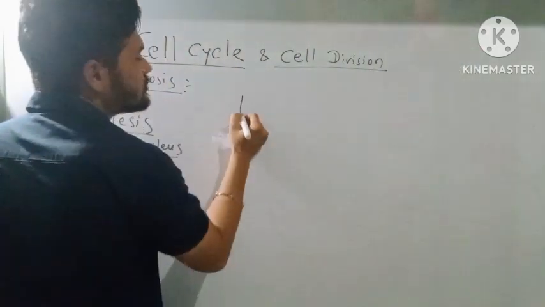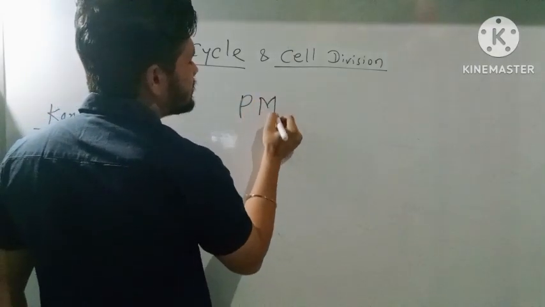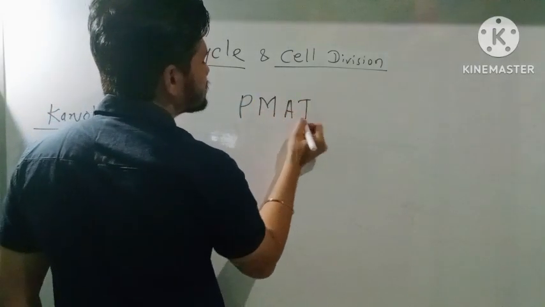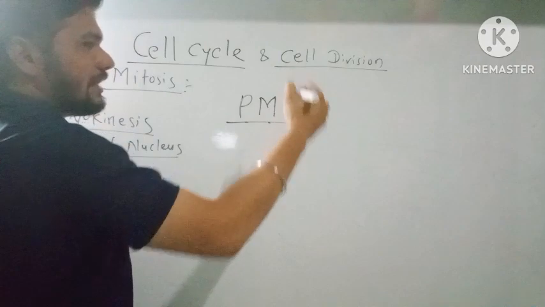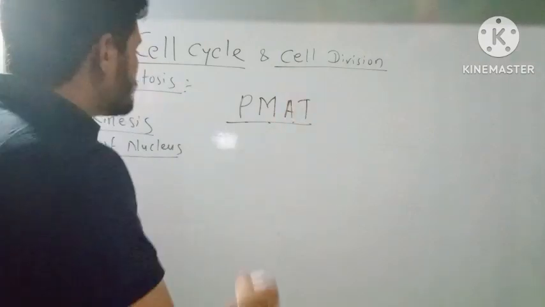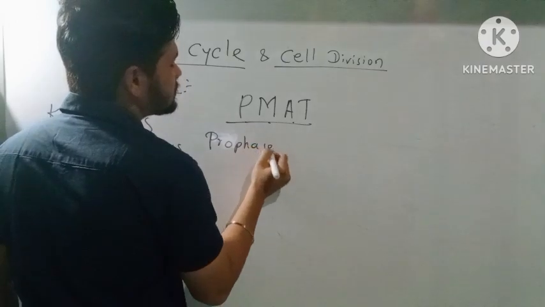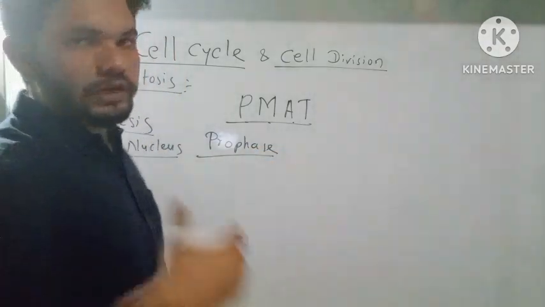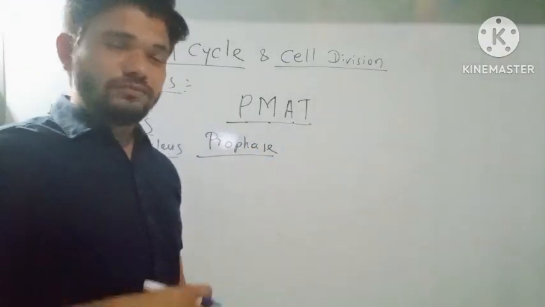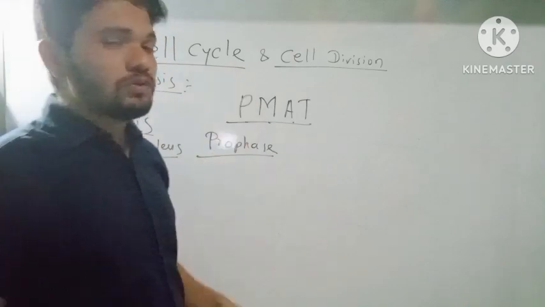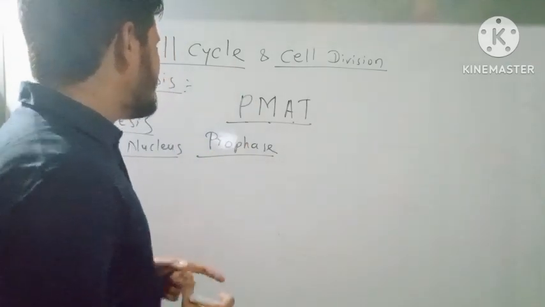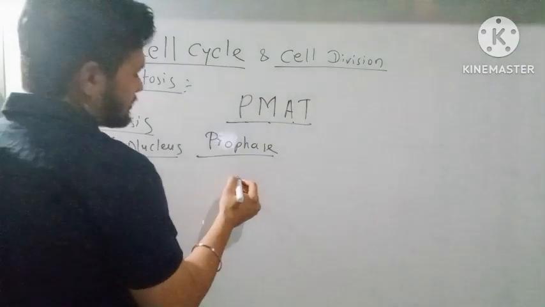You can remember the sequence of these phases with the help of the mnemonic PMAT: prophase, metaphase, anaphase, and telophase. We have to remember what happens in the prophase, the metaphase, the anaphase, and the telophase, as well as the diagram of these phases.